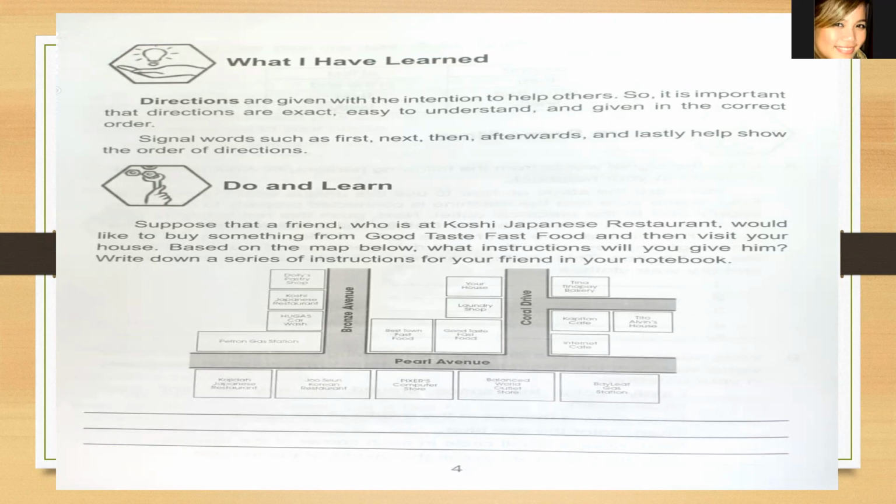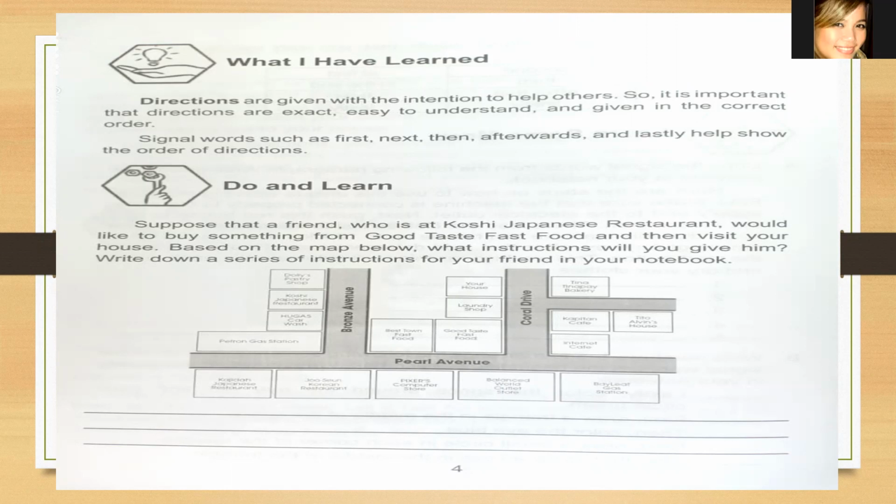So this is recorded. Now, the instruction is, suppose that a friend who is at Koshi Japanese restaurant. Can you see where the Koshi Japanese restaurant is? Nakita ba ninyo diha sa inyong module kung asa dapit ang Koshi Japanese restaurant? Kita? Okay. Would like to buy something from Good Taste Fast Food. So meaning muadto siya sa Good Taste Fast Food and then visit your house.